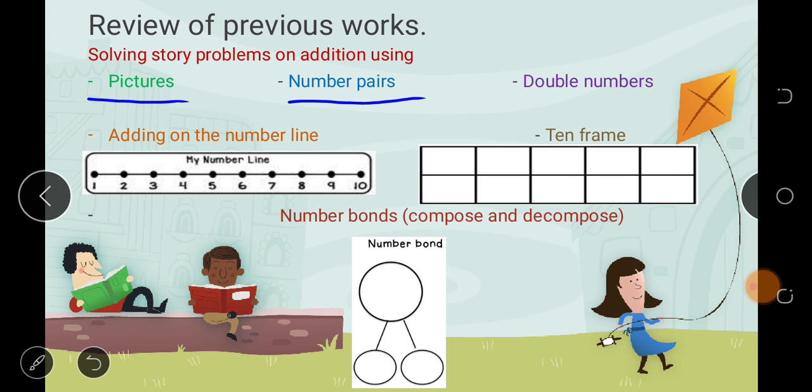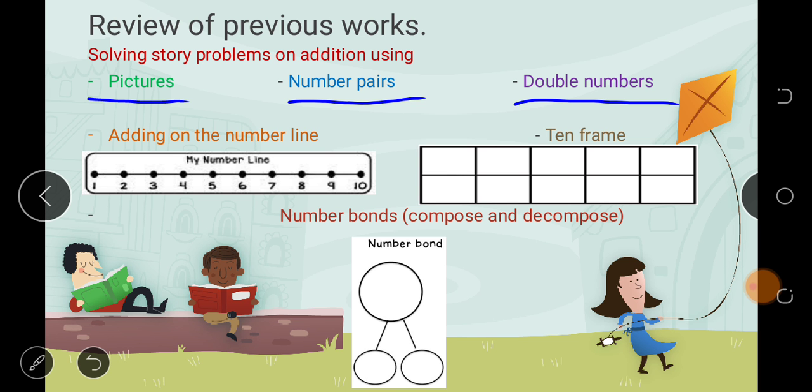And then you can reverse the numbers. 9 plus 1, 8 plus 2, 7 plus 3, 6 plus 4. Then your double numbers also. 1 plus 1 is 2. 2 plus 2 is 4. 3 plus 3 is 6. And so on.